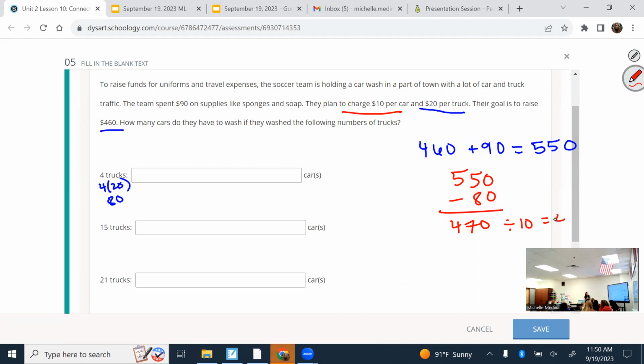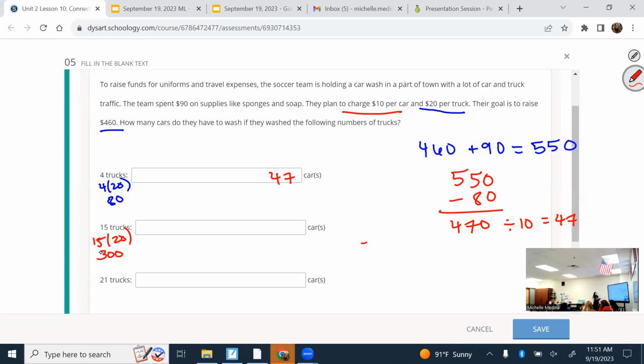So that's literally what you would do for each one. The only thing that changes each time is the number of trucks being washed. In this one, it's 15 times 20. The cost to wash them isn't changing. So in that one, they are making $300 from that.